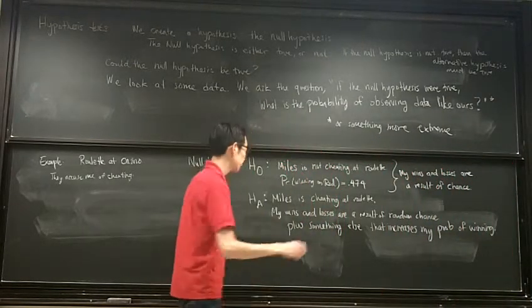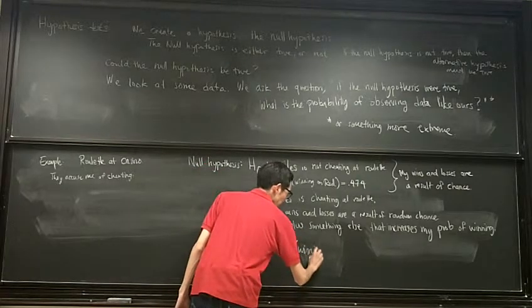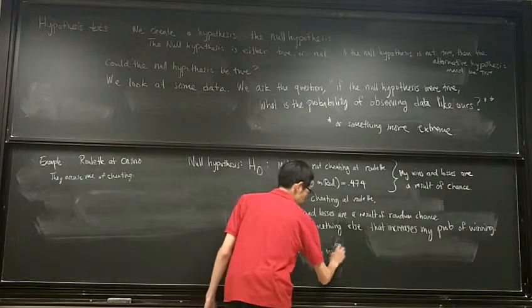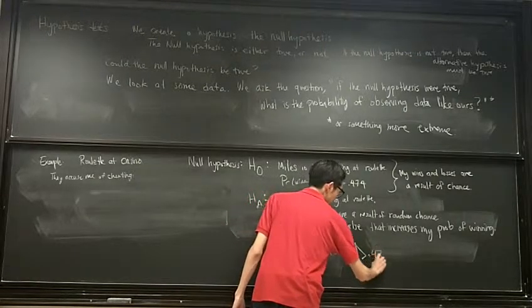So we would say probability of winning on red is greater than 0.474. Okay?